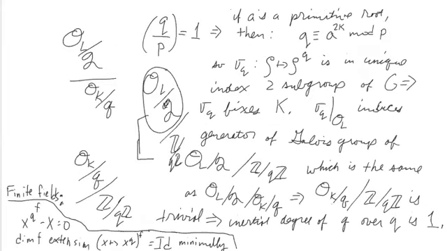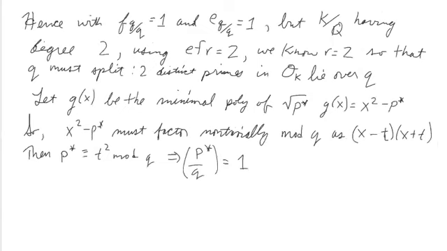Okay, so we know that q splits in its factorization. So if you take the minimal polynomial of p star over q, since q splits, that means this polynomial must factor non-trivially mod q. But if it factors non-trivially mod q, that actually forces p star itself to be a square mod q.